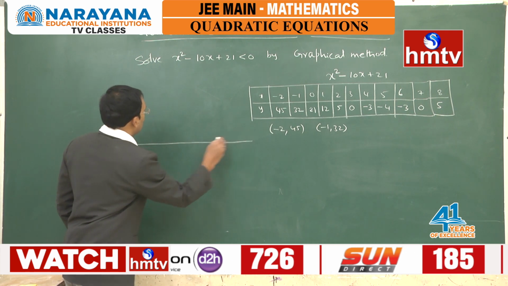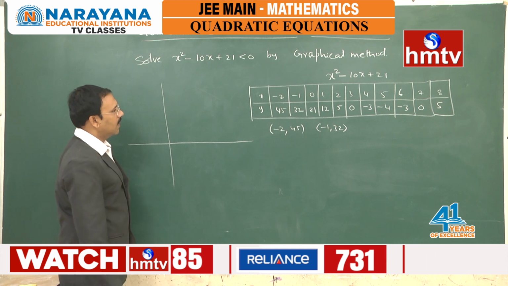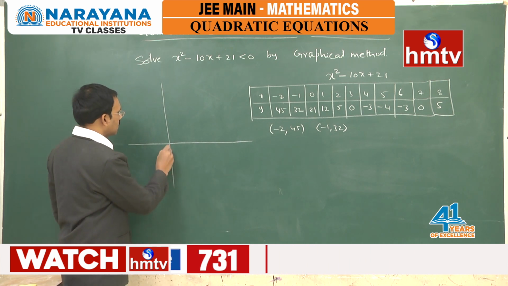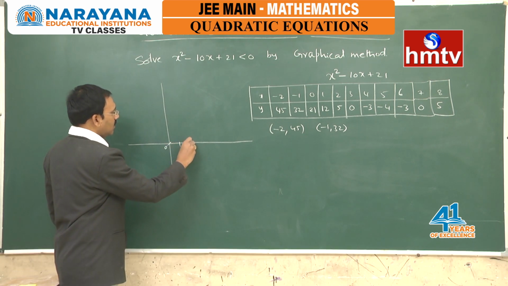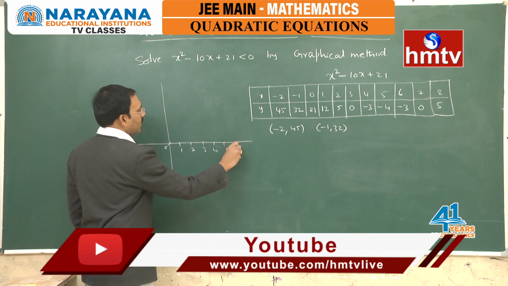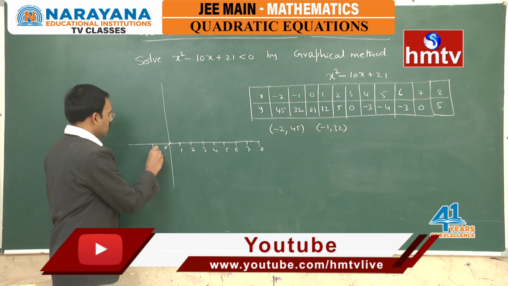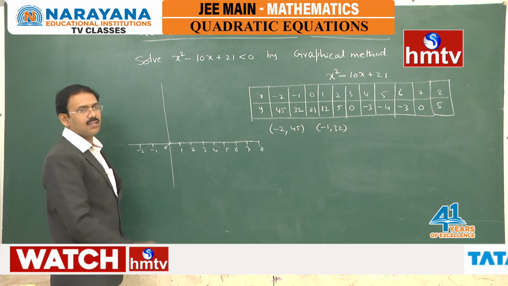Now, I take the x axis and y axis and give the numbers. This is 0, 1, 2, 3, 4, 5, 6, 7, 8, even minus 1, minus 2 and so on.